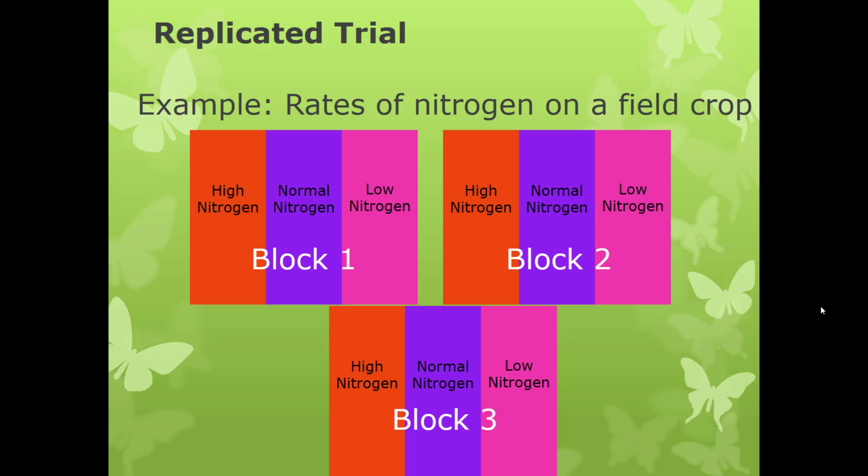Those fields would then become blocks, and within each field would be at least one of the treatments. So those are big differences between a demonstration plot in a qualitative study versus a replicated trial in a quantitative study.